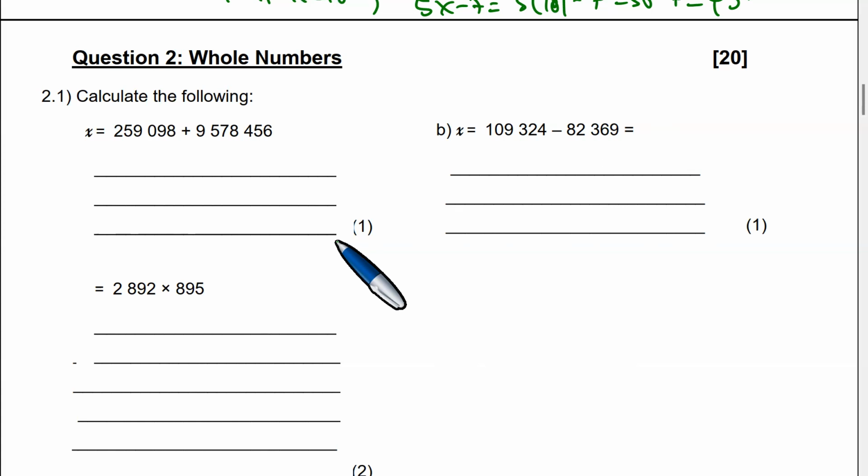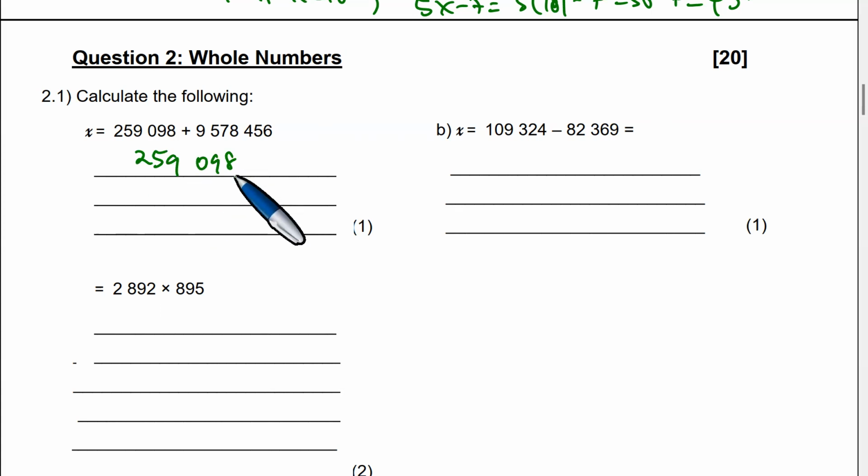Let us check quickly. So to do this question, you need to add them up. So you take 259,098.